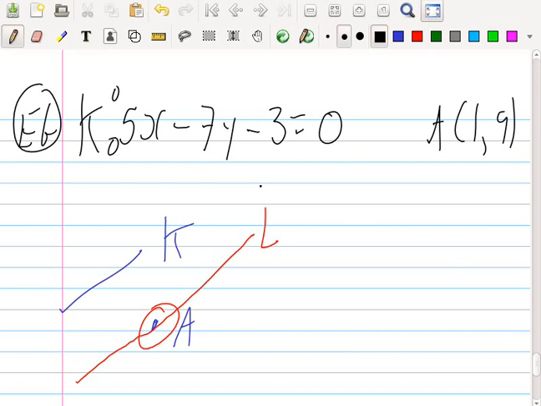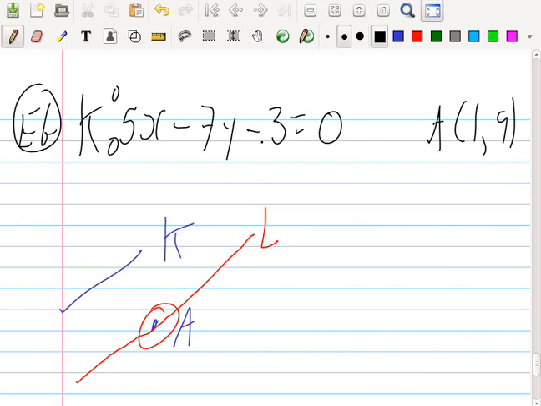Okay, so what's the slope of L? It's the same as the slope of K. And what's the slope of K? Minus 5. Yes. Don't just jump into taking 5 because you have to rewrite it first.